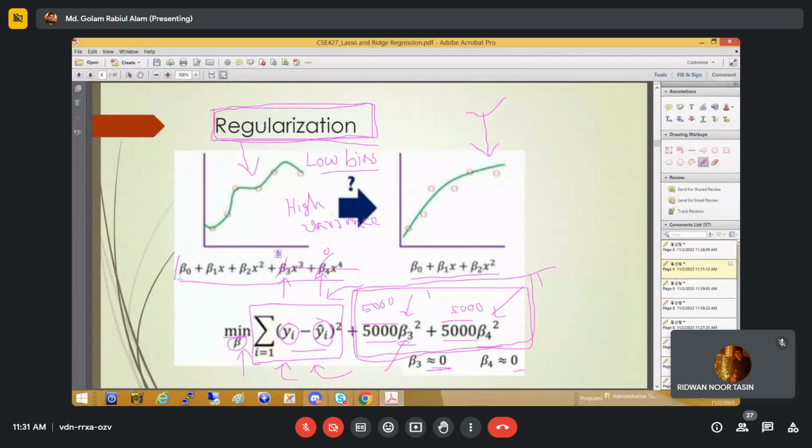Then we will get just beta 0, beta 1x, and beta 2x square. We will get just this part here. Okay, that's why we want to do regularization: to overcome the overfitting problem. That means converting the high degree polynomial to just a low degree polynomial.